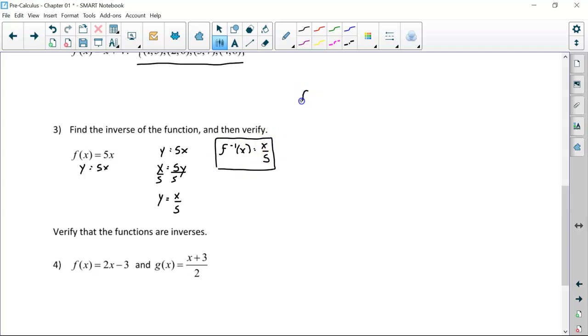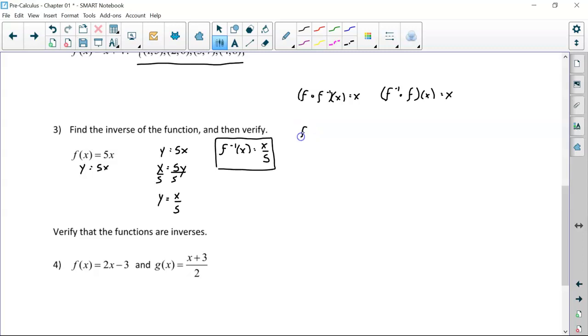To verify, f of f inverse of x has to equal x, and f inverse of f of x has to also equal x.